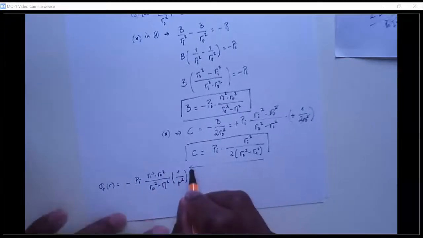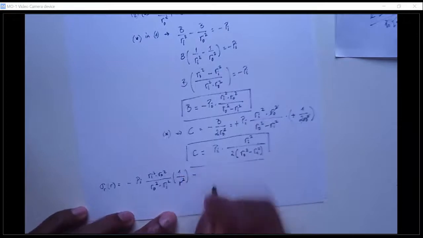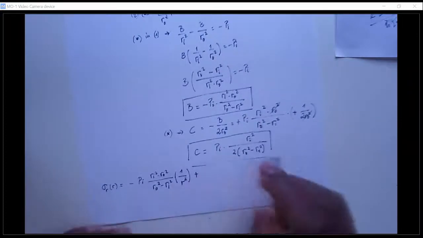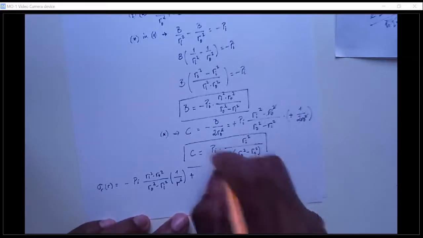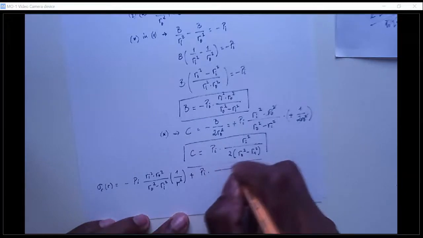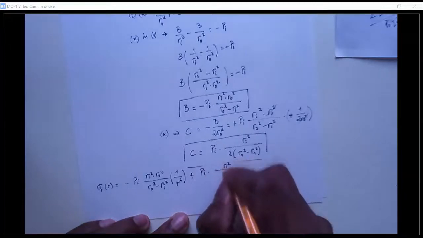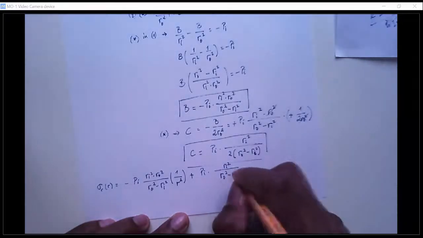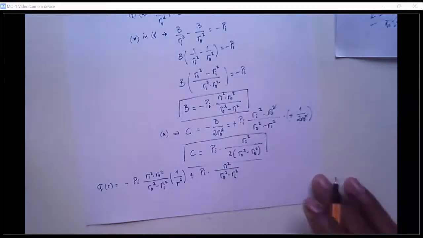All the other values are constant. So plus 2c. Pi again, we can actually factorize the pi value, as you can see. Plus 2c, so pi times ri squared divided by ro squared minus ri squared. This is i, not 1.